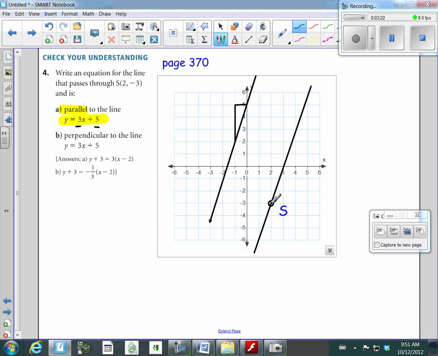Let's just double check its slope. Does it go up 3? Up 1, 2, 3. Whoops, I went a little bit too far there. Let's get the eraser out. Does it go up 3 over 1? Up 3 over 1. Okay, so that's the line whose equation I'm trying to find.